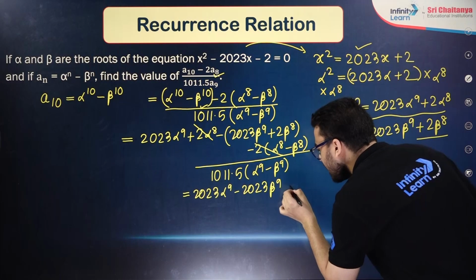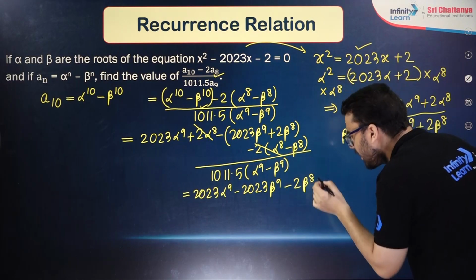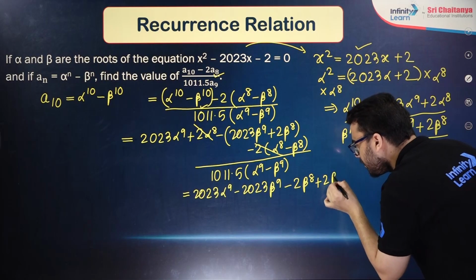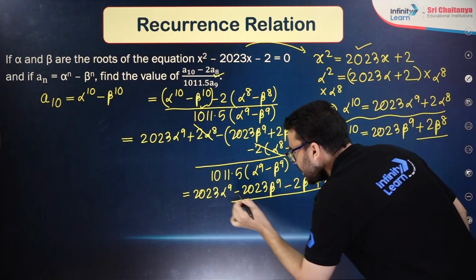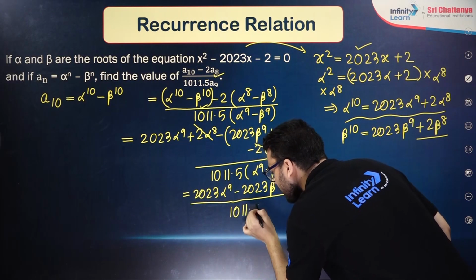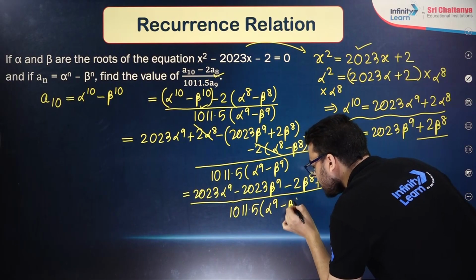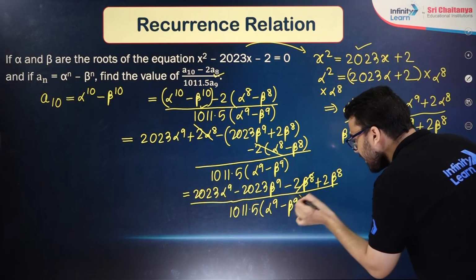Then minus 2 beta raised to the power 8, and then minus minus gives plus 2 beta raised to the power 8. And in the denominator, that is 1011.5 into alpha raised to the power 9 minus beta raised to the power 9. Now this will get cancelled out.